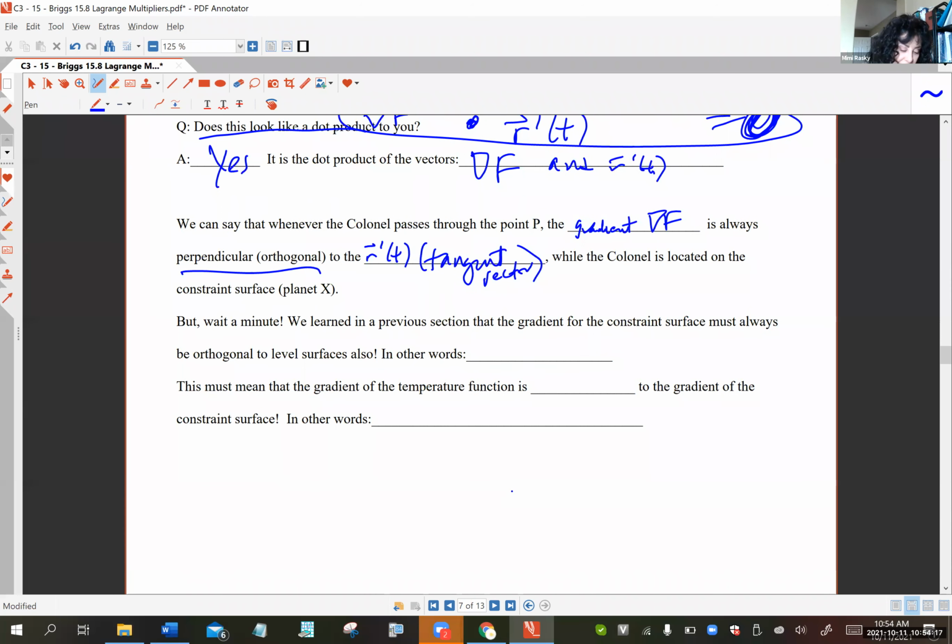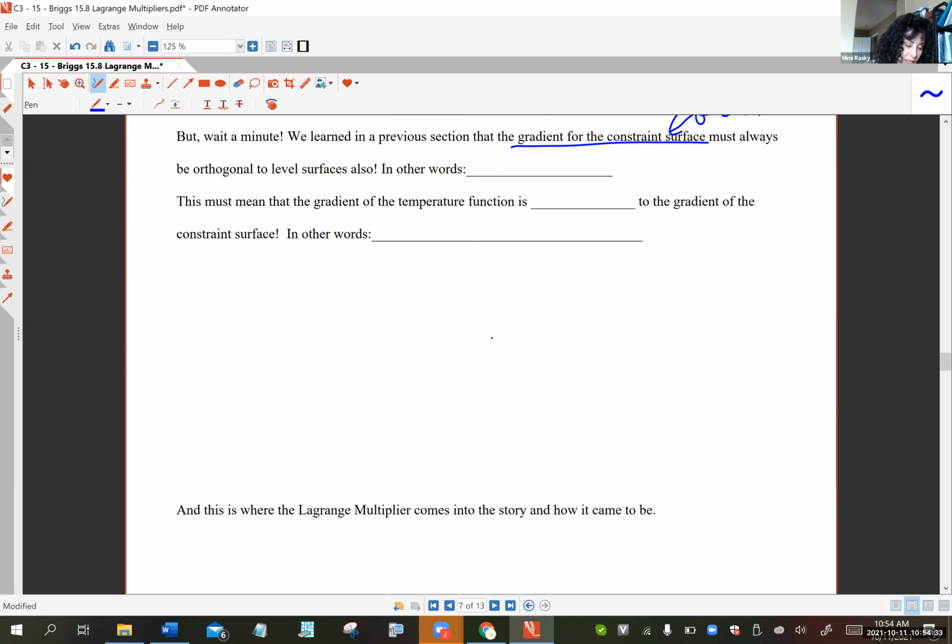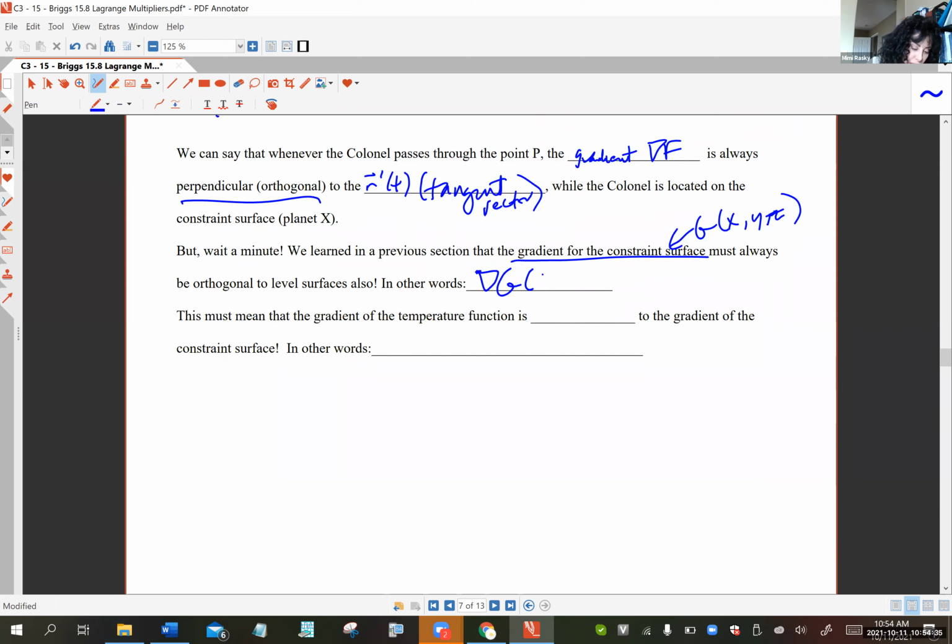So we learned in a previous section that the gradient for the constraint surface, that's the big G of x, y, z, is also orthogonal to level surfaces, just because, how do you think we found tangent planes to surfaces? So in other words, the gradient of big G is also having to be orthogonal to every tangent vector to the curves.